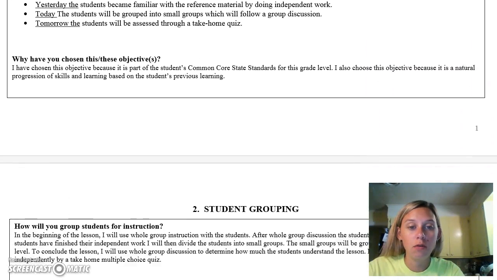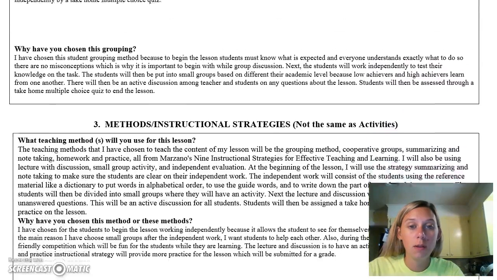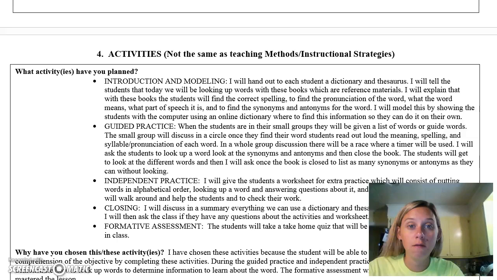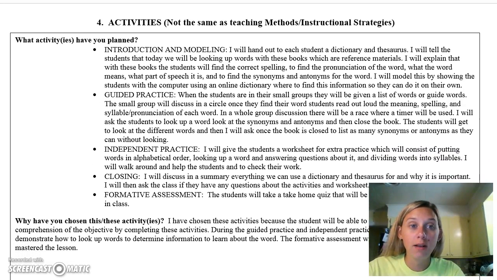Now scroll down to step 4 in the lesson plan, activities. What activity have you planned? Introduction and modeling. I will hand out to each student a dictionary and a thesaurus. I will tell the students that today we will be looking up words with these books, which are reference materials.